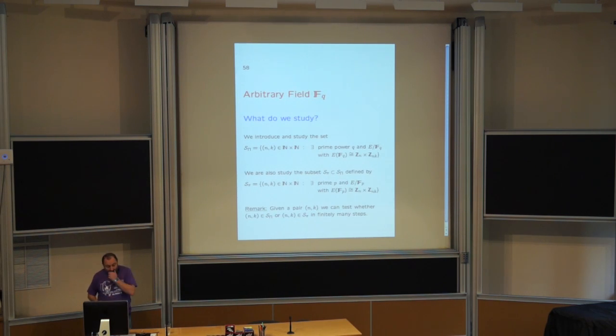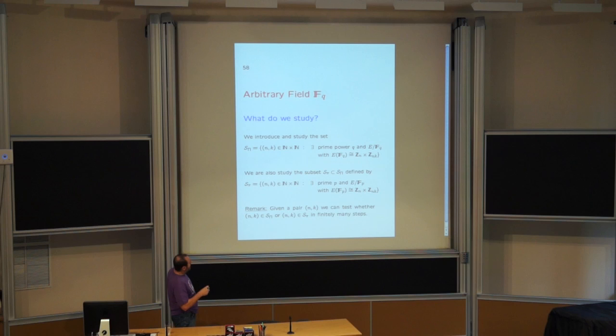Okay. So let's address our first question, where you just deal with all fields. You don't fix the Q. You're given N and K, and you want to know whether there is a curve somewhere with this group structure. Well, so let's try to count something. My first set is a set S sub capital Pi.